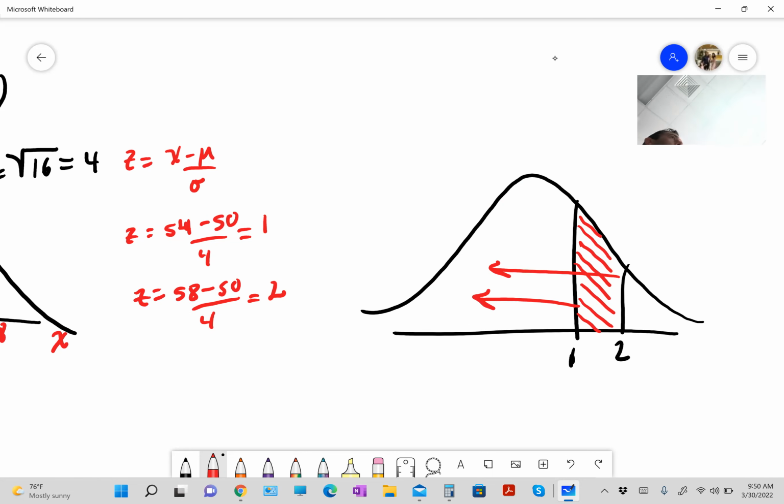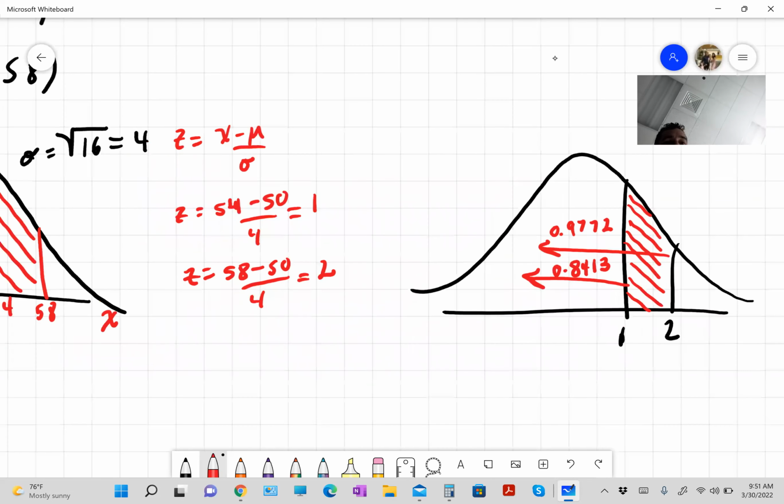Now, what did 2 give you? If you go to 2.0 here, it gives you 0.9772. And if you go to 1.0, it gives you 0.8413.